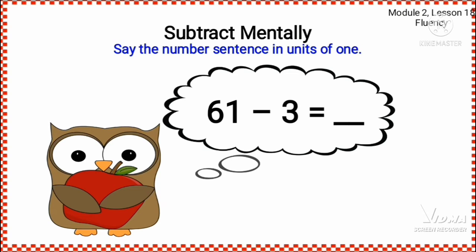I'll keep the 50. I will still do 11 minus 3 to add to that 50. 10 minus 3, 7 plus 1, 8 plus 50, 58. 61 minus 3 is 58.